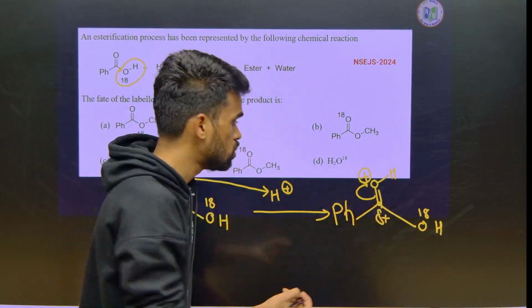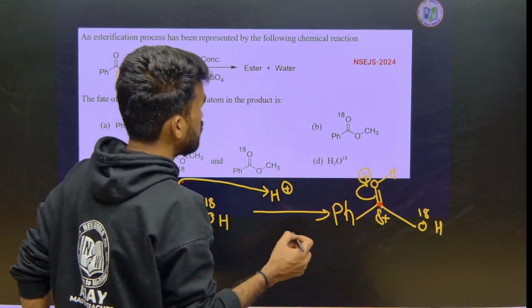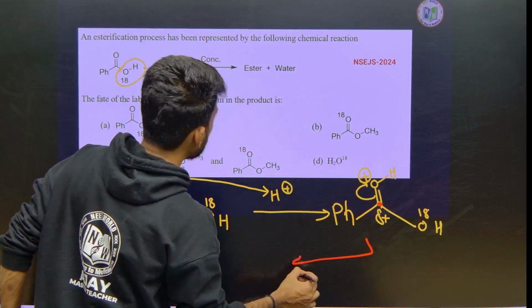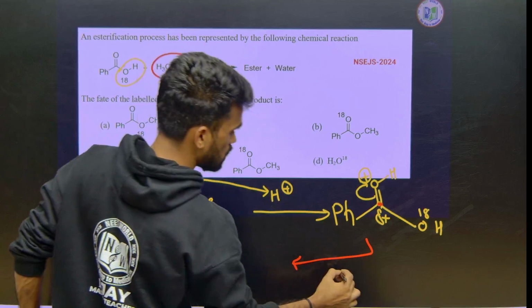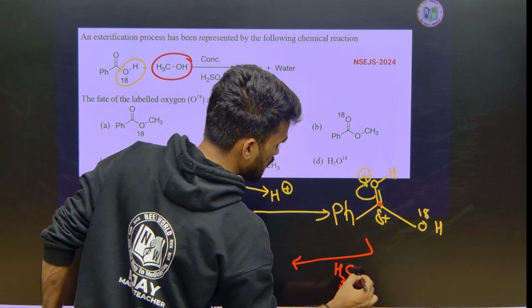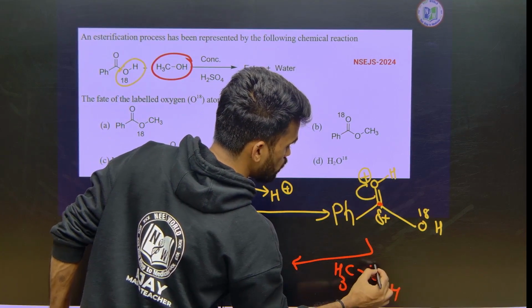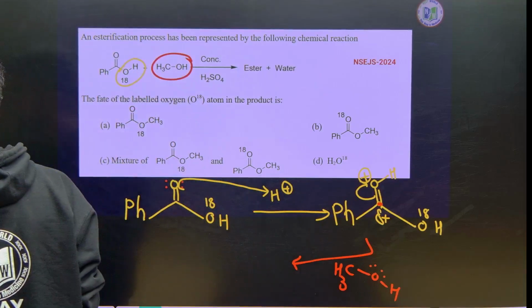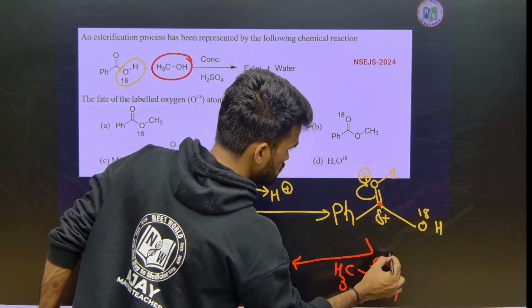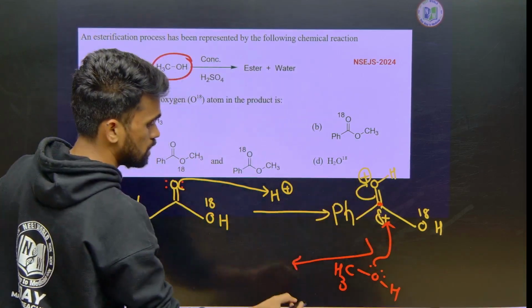Therefore in the next step, the alcohol given here, methanol, will attack as a nucleophile using the lone pair electrons on the oxygen atom of the alcohol, attacking the carbonyl group.